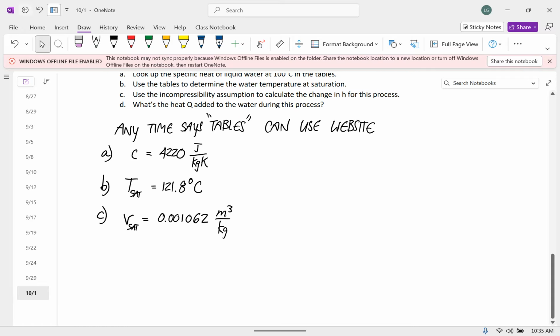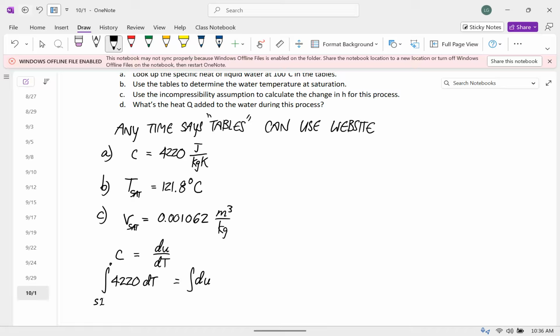So now I can calculate. I know that C is equal to du/dT, and C is 4220. So 4220 dT is equal to du. I can integrate both of those from state 1 to state 2.